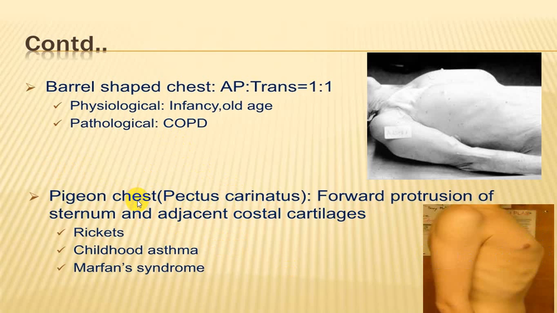Very frequently it is a congenital deformity, and good number of times you can come across in case of rickets. Occasionally in case of Marfan syndrome, and occasionally in case of asthma right since childhood. In that case, you can have sometimes little bulging of the sternum, we call pectus carinatum, or pigeon chest. But classical example is congenital and in case of rickets.